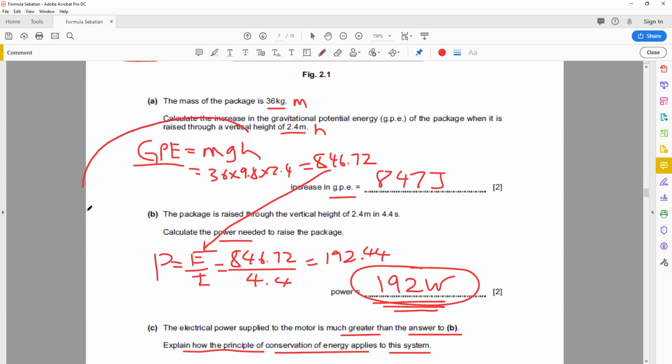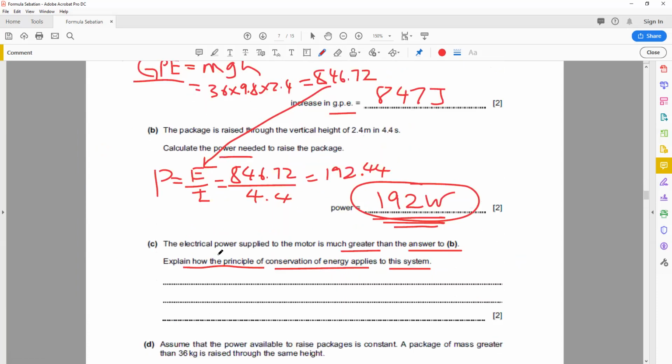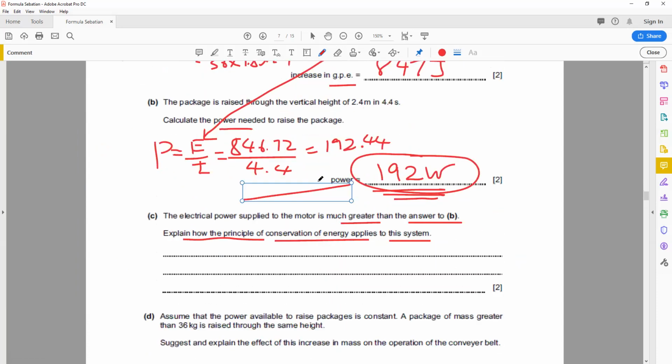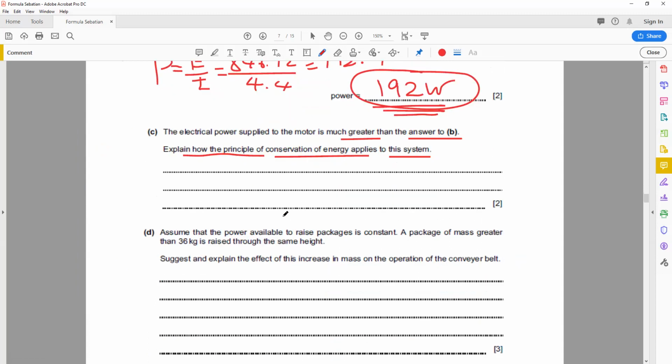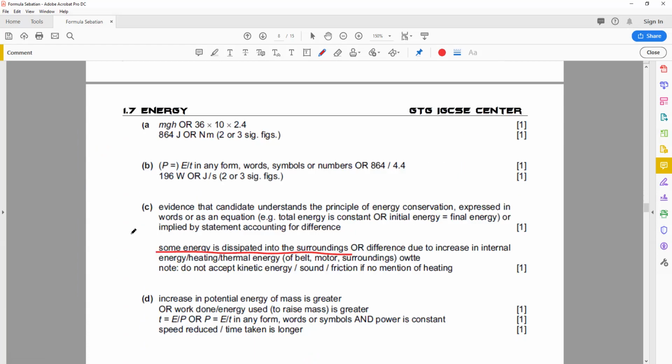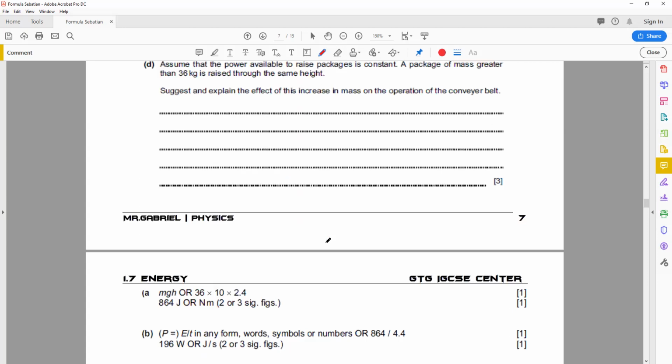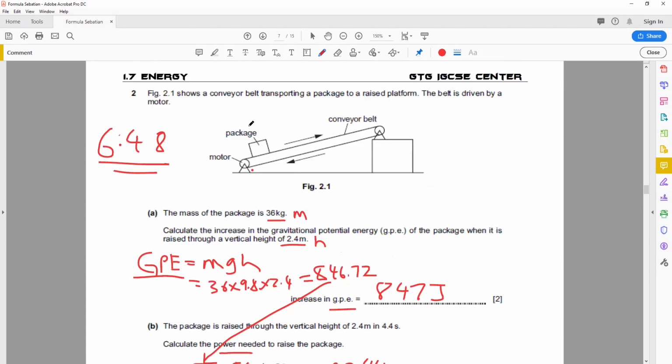In your calculations here, we always assume that 100% of the energy is converted, right? But in reality, most of the time, you'll have to supply more than the needed energy because you expect that the energy will be lost to the surrounding. So that's why you see this mark scheme here, right? They'll say evidence that the candidate understands the principle of conservation of energy. In this case, you're supposed to say that the total energy input is slightly more because some energy is lost to the surrounding and some energy is used to convert it into potential energy to lift the package upwards.